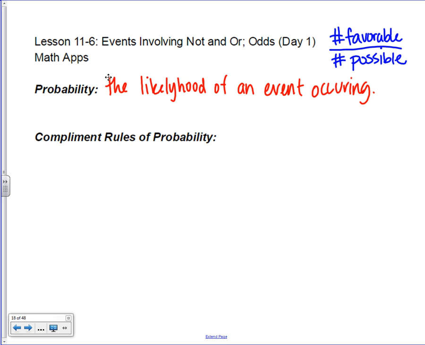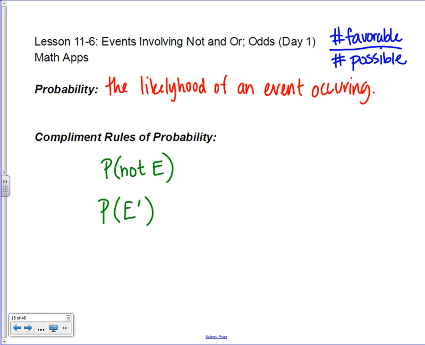Today we're going to be talking about the complement. Now we talked about complement way back in September. Complement is basically saying something will not happen. So the probability of an event not happening, sometimes it's written with a little apostrophe like that.